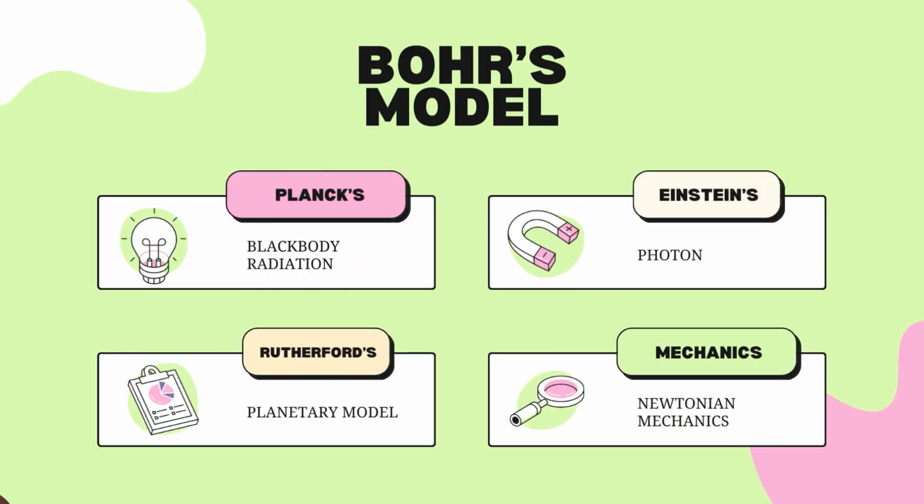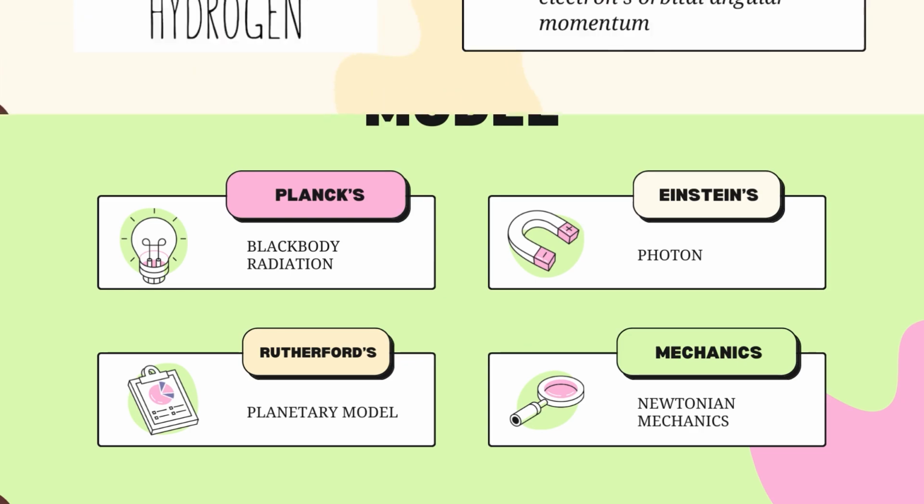So, to counter this weakness, Niels Bohr combined ideas from Planck's quantum theory, the photon concept by Einstein, Rutherford's recently discovered model, and Newtonian mechanics to develop his now widely accepted model of an atom.